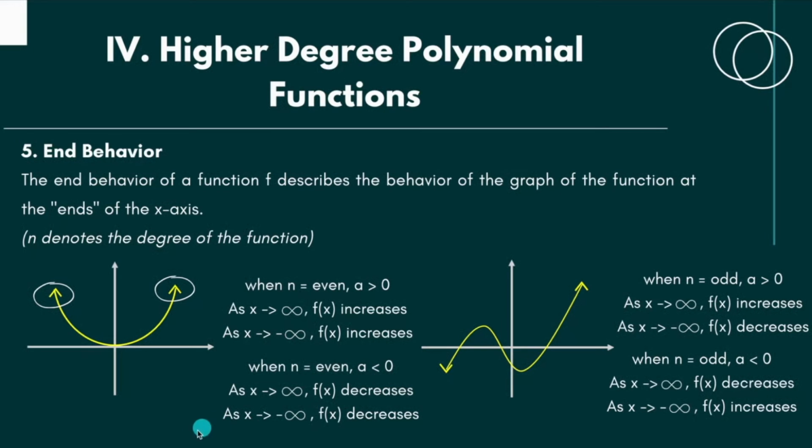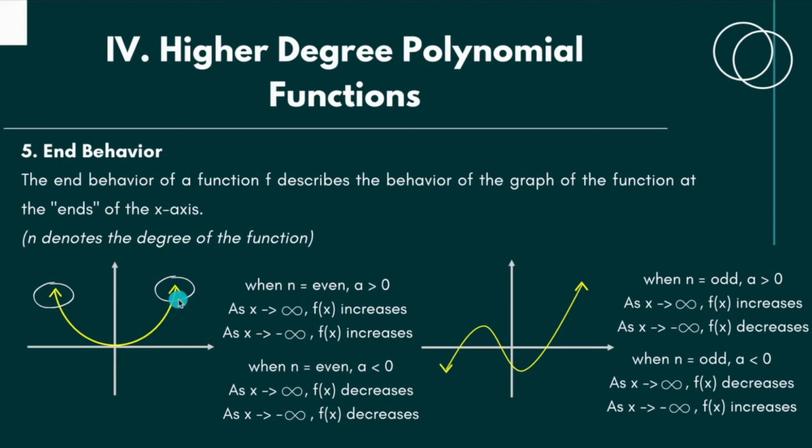When the degree of the function, or n, is even, and a, the leading coefficient, is greater than 0, f of x will increase as x approaches infinity, and f of x will increase as well as x approaches negative infinity. And you can see an example of that over here.